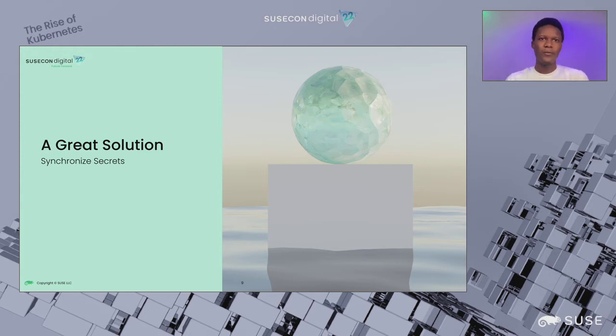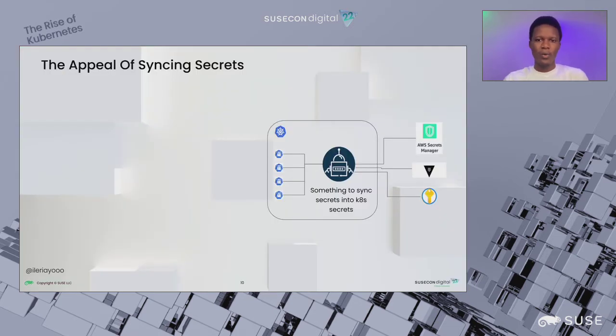How about we find a way to synchronize secrets between Kubernetes and our battle tested secret manager? Now, that's how we came up with a solution. And we're saying you're going to be having something in Kubernetes that takes your secrets from the external providers and brings them into your Kubernetes environment.